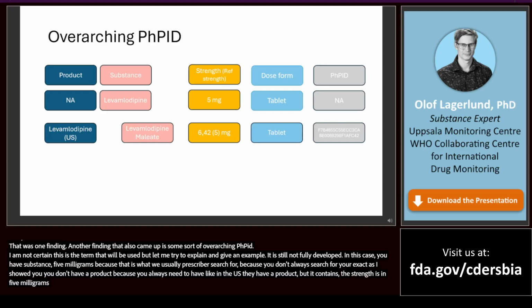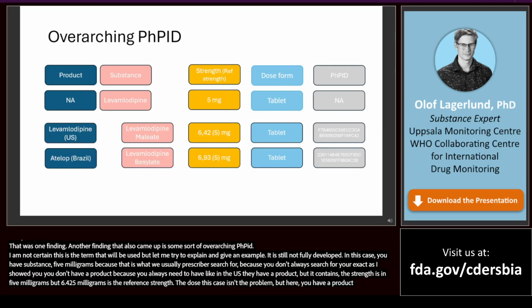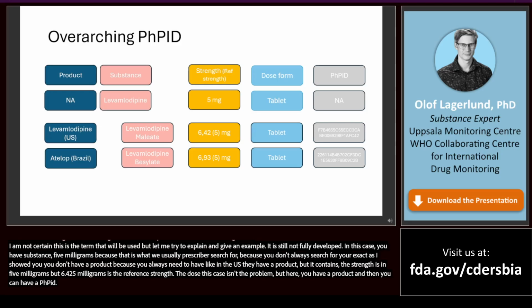The dose form in this case isn't a problem. But here you have a product and then you can have a PhPID. And then in Brazil, we have this etylope. It's also levamlodipine, but it's the besylate salt this time around.